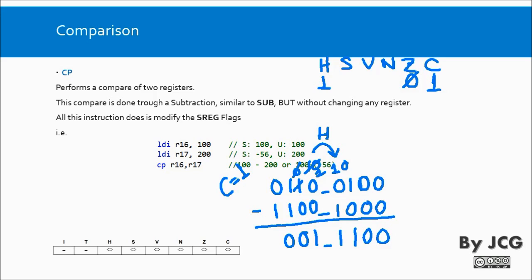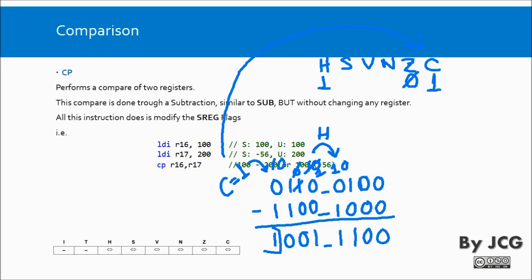And actually, this is another reason why this flag here is 1. So we borrow from the carry to this bit, and this bit becomes 1 0. Okay, so since we have 1 0, it would be 2 minus 1, which would be 1.